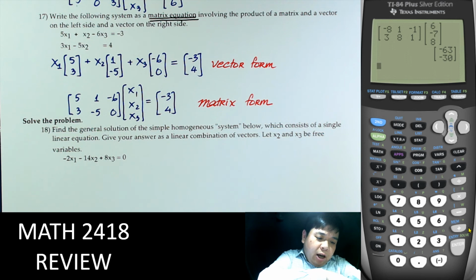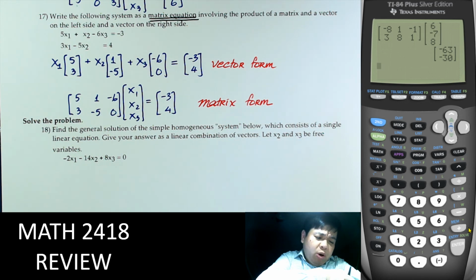Next, find the general solution of the simple homogeneous system below, and then give your answer as a linear combination of vectors. Let x2 and x3 be free. We only have one equation as a system.